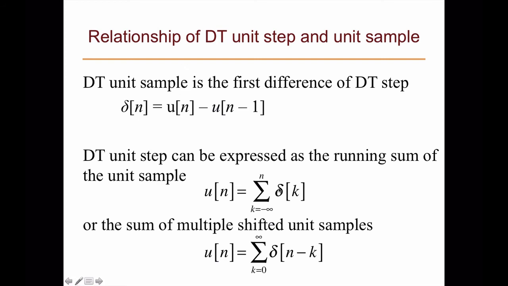If we calculate the running sum of delta[k] from minus infinity to n, then when n is less than 0, the running sum is 0. But when n is more than or equal to 0, the running sum will pass the value of 1 of the unit sample. So the value of u[n] will be 1 when n is more than or equal to 0.